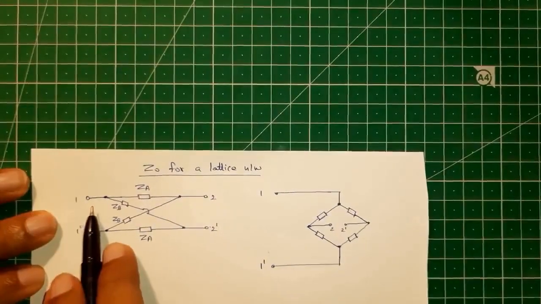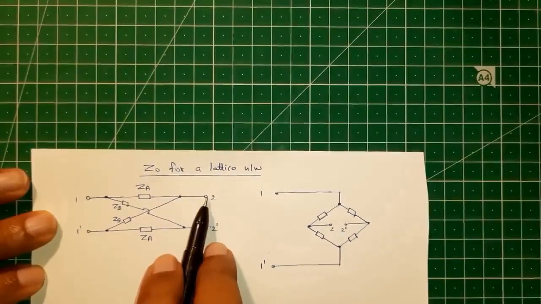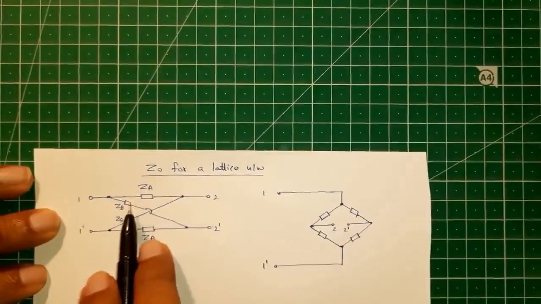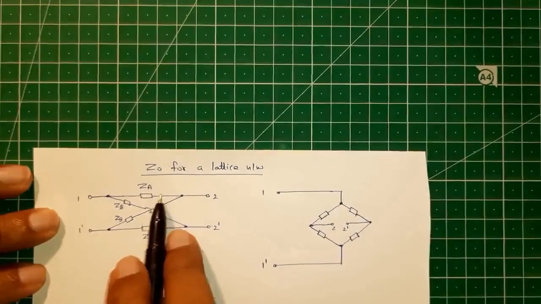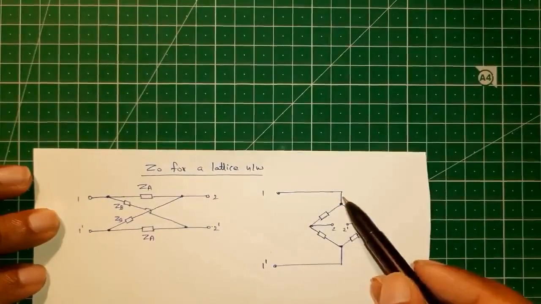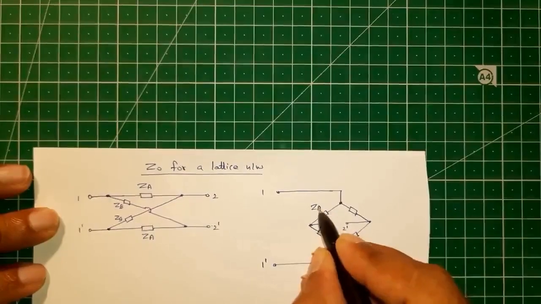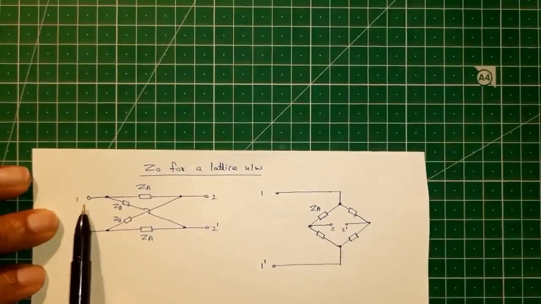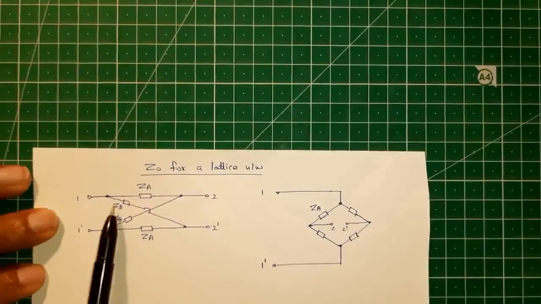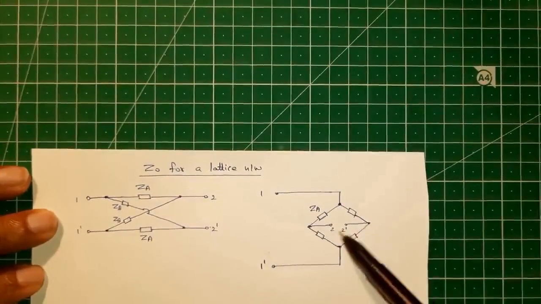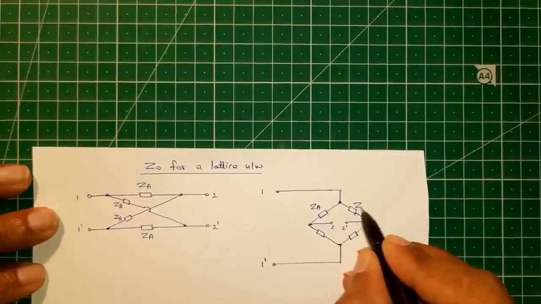So from terminal 1 to terminal 2, we come across ZA. And while moving from terminal 1 to 2 dash, we come across diagonal impedance ZB. So 1 to 2 dash will be ZB.